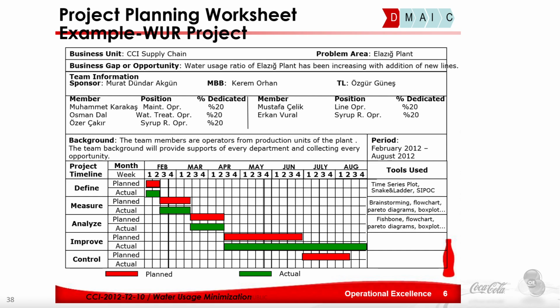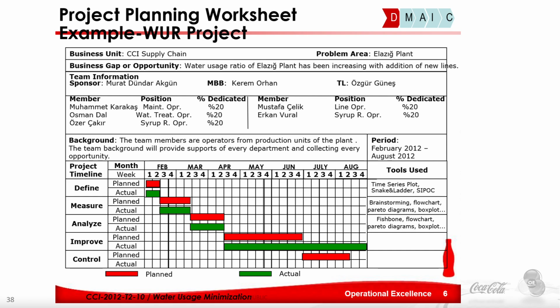What is the background? The team members are operators from production units of the plant, and this team background will provide support to every department in collection of data for every opportunity. What is the period of this project? The period of this project is from Feb 2012 to August 2012, the 6 months.